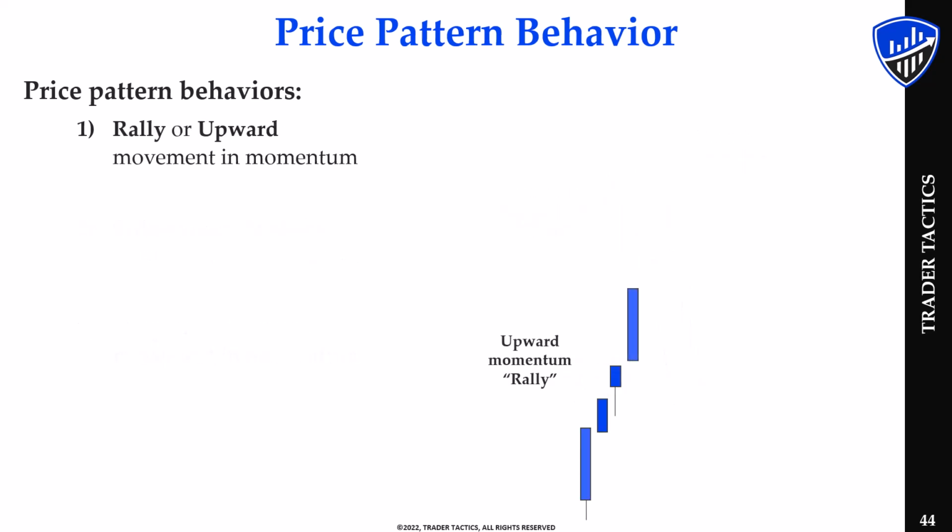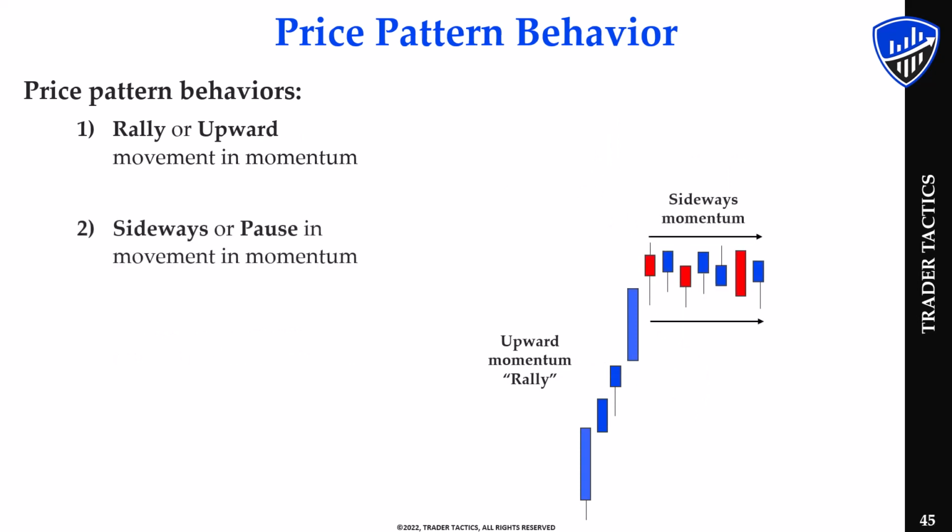All right, next one, we have a rally in price. Then we see a longer, more drawn out sideways momentum. And that's just, again, indecisiveness where people are not committed to buying, but they're not committed to selling either. So it's just this back and forth. Some people buying a little bit, some people selling a little bit, but there's no definite, dominant, aggressive buying or selling behavior. So this is more passive buying and selling behavior.